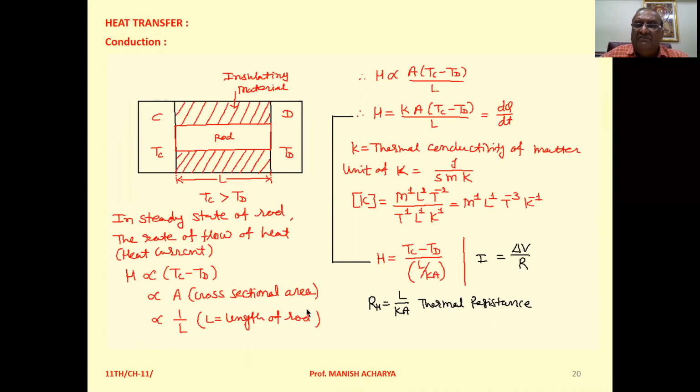So collectively we can write H is proportional to A into (Tc minus Td) by L.